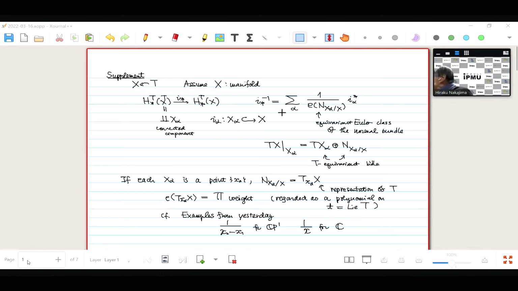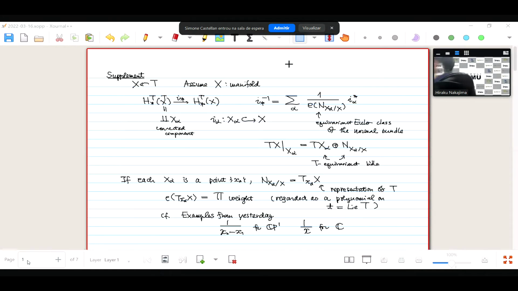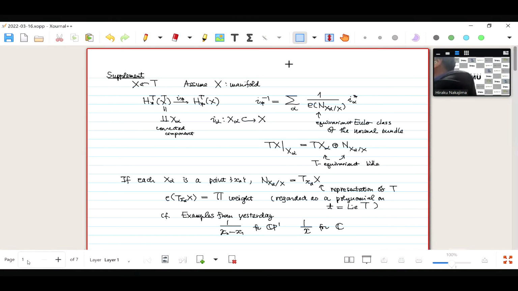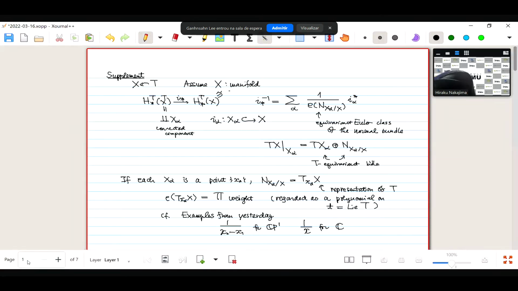Then I can consider the pullback homomorphism associated with this inclusion. Maybe I should also say that because I assume X to be a manifold, this is isomorphic to the cohomology of degree dimension X minus the degree.